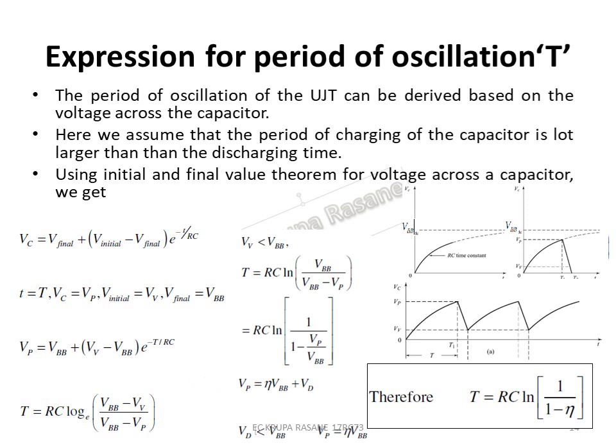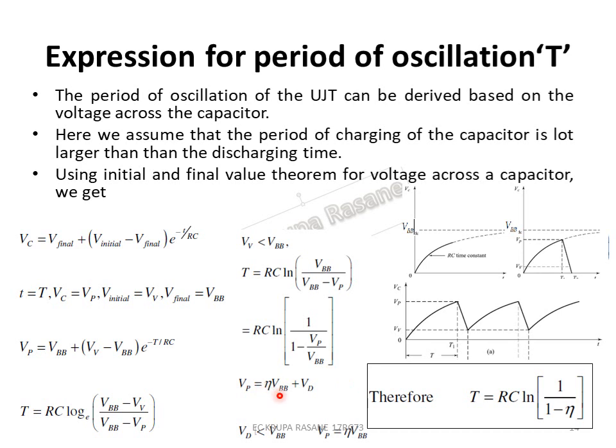So again, a little more explanation. VV is considered very small compared to VBB, and this is the time period I am looking at, the charging of the capacitor from the initial valley point to the final V peak. I substitute that, considering VV as 0, and I get the expression where T is equal to RC log of 1 upon, dividing both numerator and denominator by VBB, 1 minus VP by VBB.